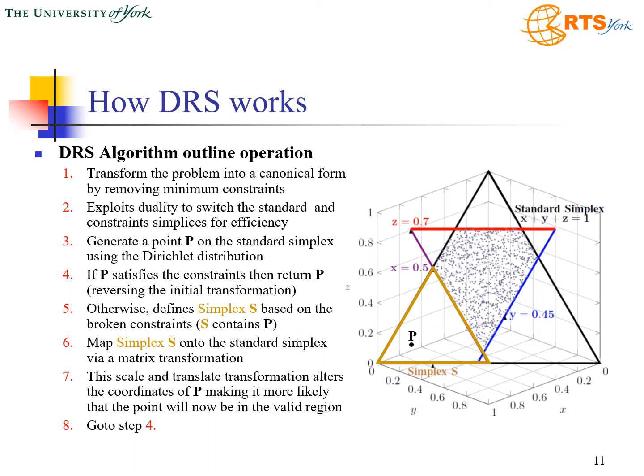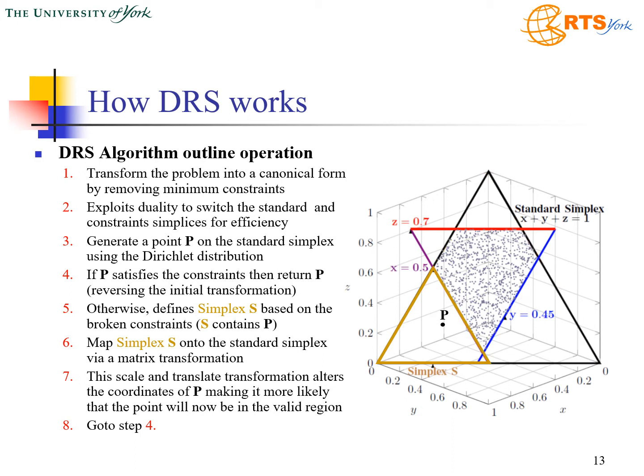Looking at the simplex S that contains point P on the diagram, we can now see how it's mapped onto the standard simplex. So in this case, point P has moved closer to the valid region, but is still not within it. And so again, we need to construct a simplex S based on the broken constraints, which is actually just the same as it was before.